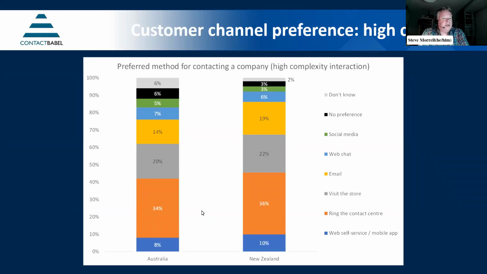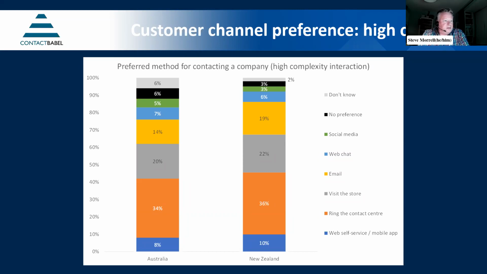And the final scenario here, highly complex interaction, such as, we give an example of a mortgage application or a tax return. And we see here that telephony was again the most often chosen, although it obviously doesn't get a majority. Physical visits to the office or the store, again, were very popular, especially with the older age groups.